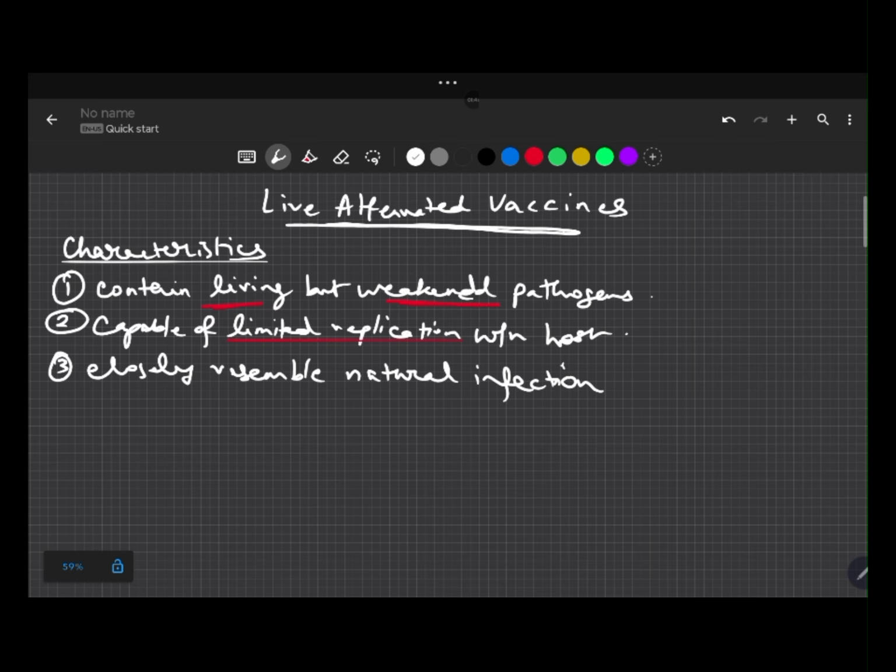Only when they resemble it can the body remember and produce an immune response during actual infection. Number four, they can produce both humoral plus cell mediated immunity.